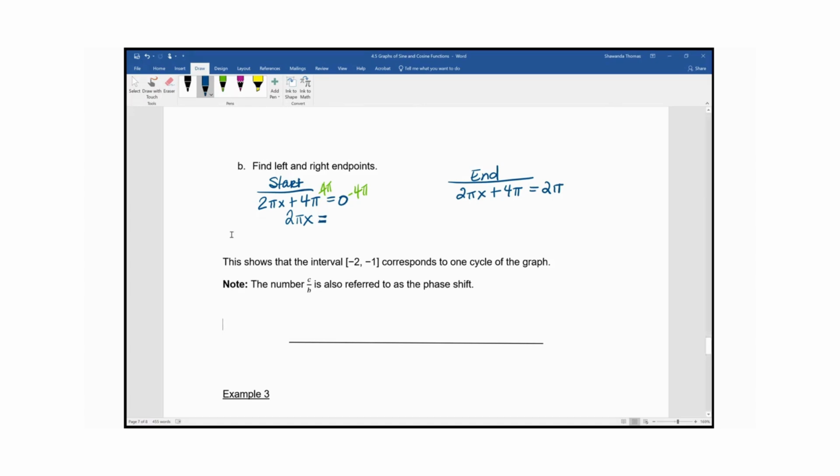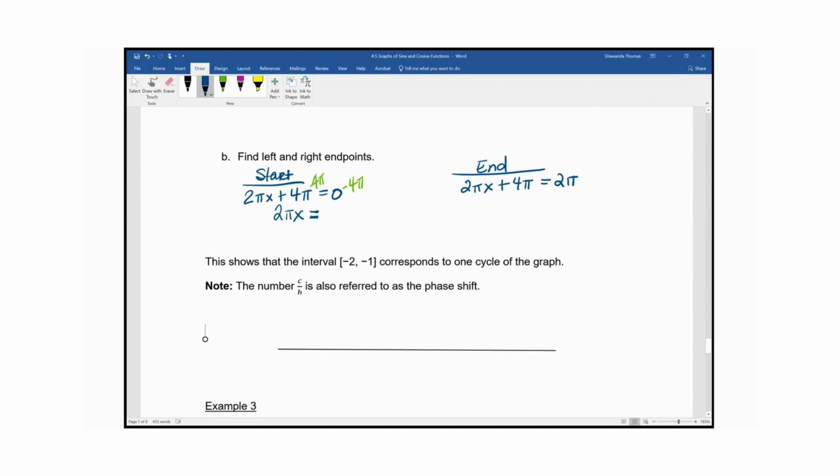What's on the right side of the equal sign? -4 pi. Then to solve for x, divide by 2 pi.